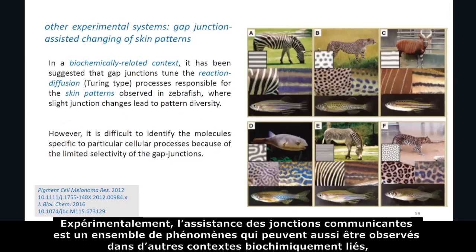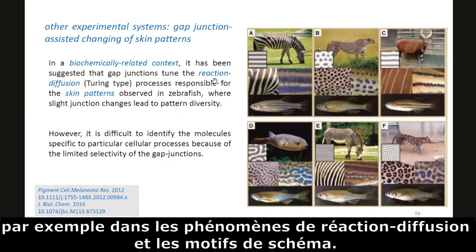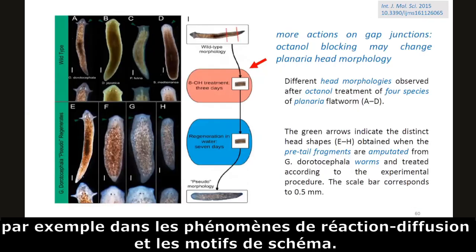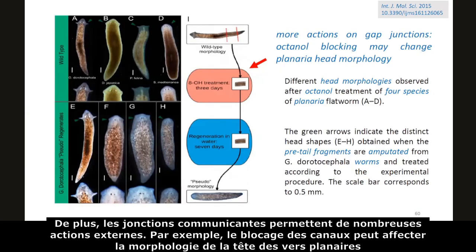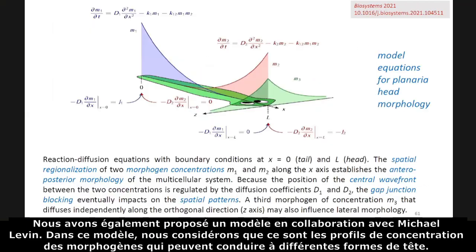Experimentally, gap junction assisted transfer is also a case of a set of phenomena that can be observed in other biochemically related contexts, for instance, reaction-diffusion phenomena and Turing patterns. Also, gap junctions allow many external actions. For instance, octanol blocking can affect the planaria head morphology, and we have also put forward a model in cooperation with Michael Levin.